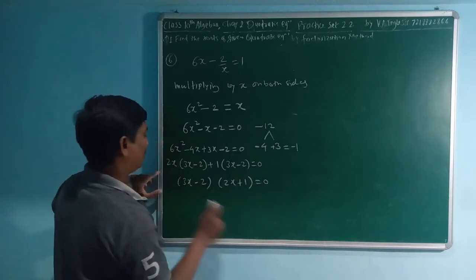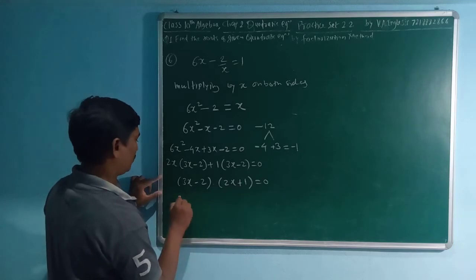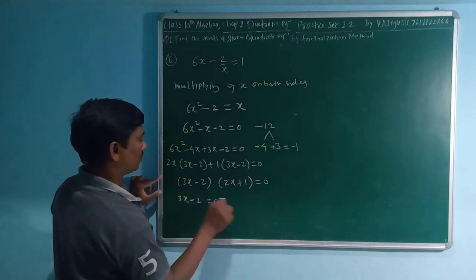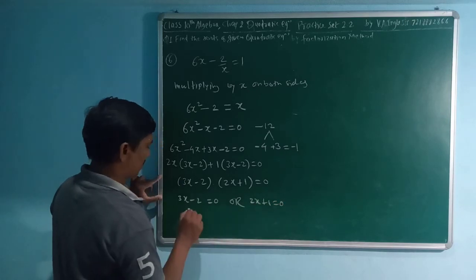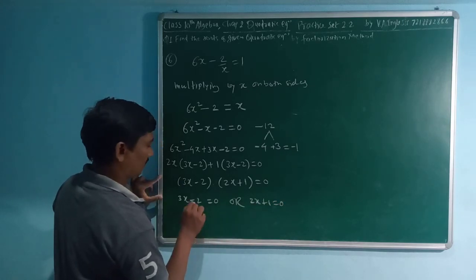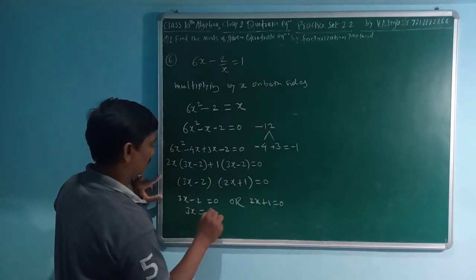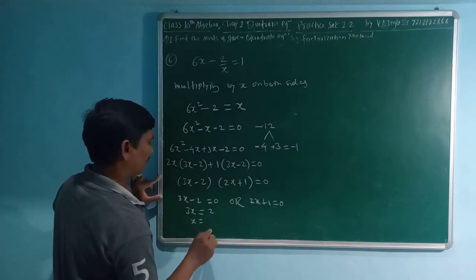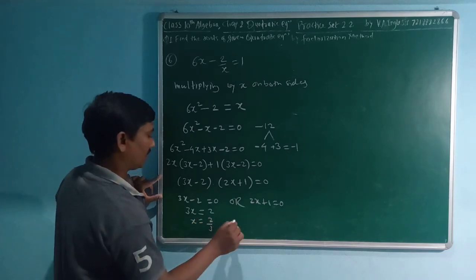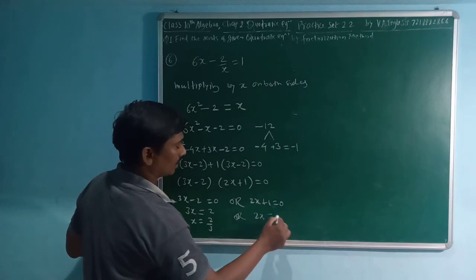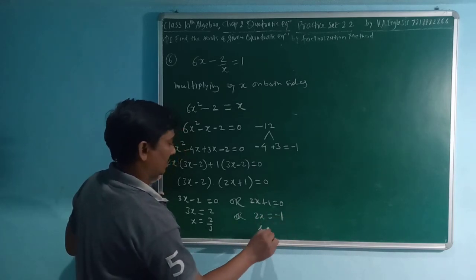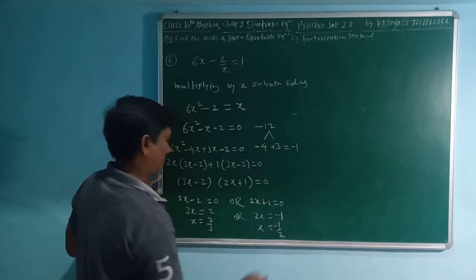Okay, now product of two terms is 0, so we can write 3x minus 2 equals to 0, or 2x plus 1 equals to 0. We can take 2 to the right hand side, so it will become plus, then x is equals to 2 by 3, and here 2x is equals to, if we take 1 to the right hand side, then this will be minus 1, so x is minus 1 by 2.